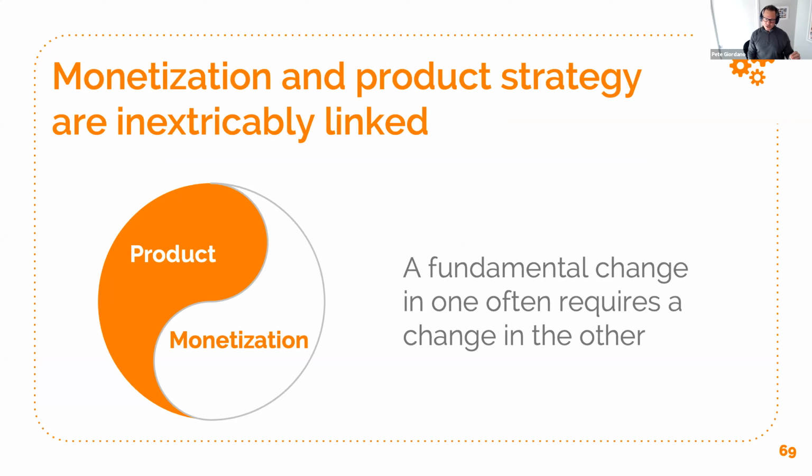Your monetization strategy, which is essentially your business model, is inextricably linked to your product. You cannot tease them apart. So much so, I call them quantum entangled, for the nerds and geeks out there. If you change something fundamental to the product, it is highly likely it will require a necessary change in monetization. And vice versa. If you want to start monetizing differently, it is highly likely you're going to have to change the product.